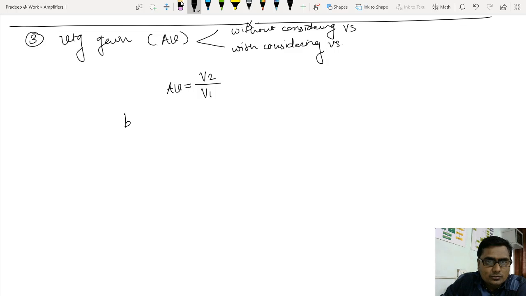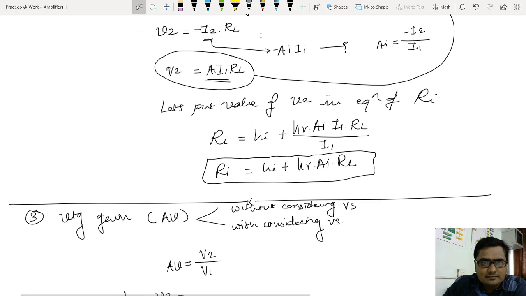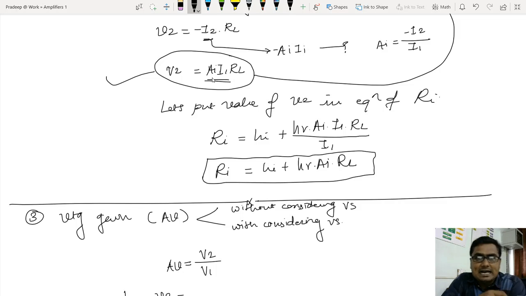But see, the value of V2 we have already derived. Do we have the value of V2? Yes, it is there with us. In the previous parameter, Ri, the input impedance, while deriving equations for input impedance, we derived V2 is equal to AI I1 RL.